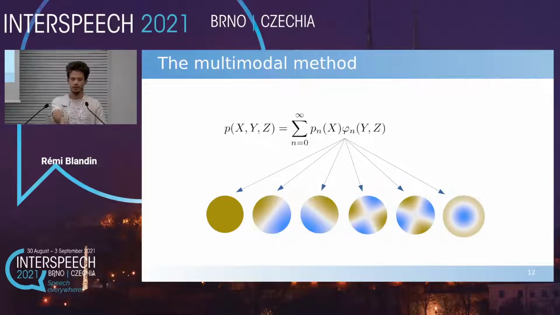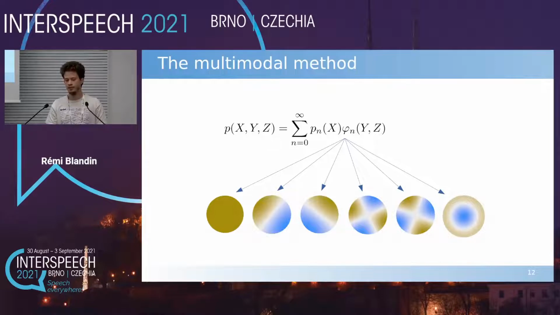So you have examples here, and on the very left here you can see the so-called plane mode, which is a uniform function over the cross section, and then you can see other more complex functions with increasing complexity towards the right.